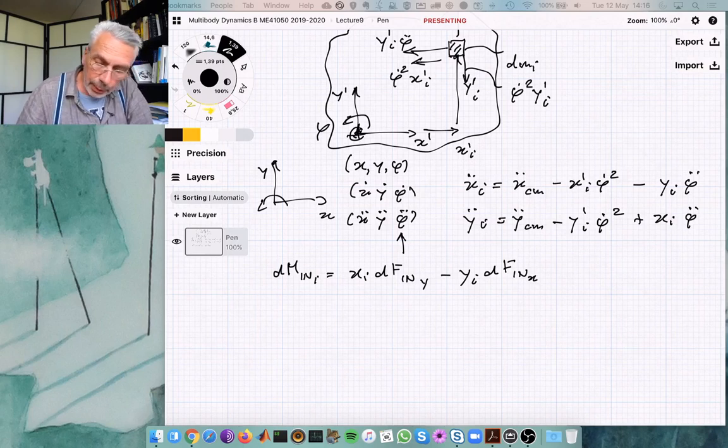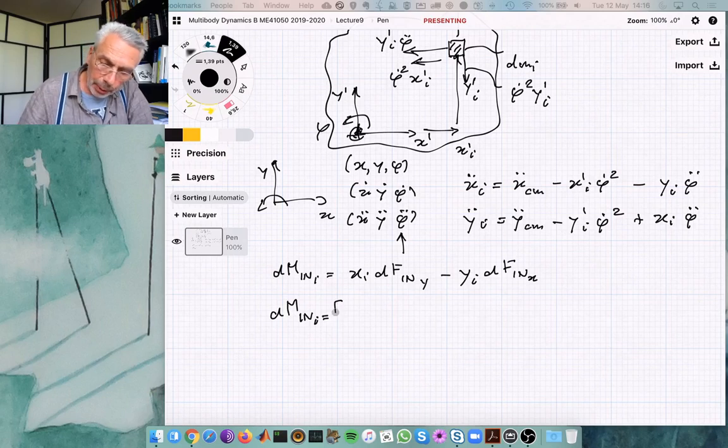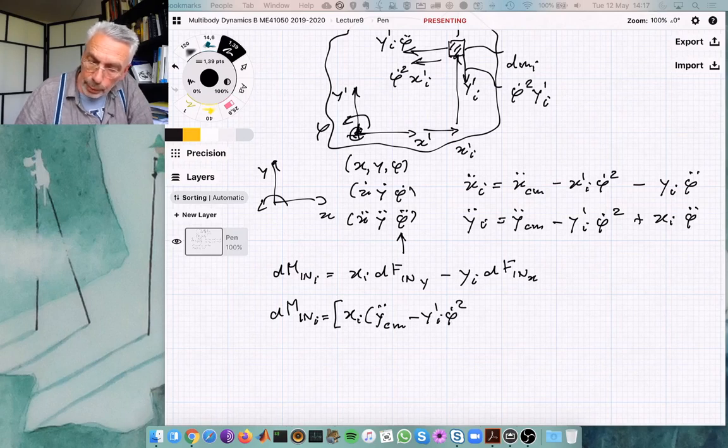So finally we get that the dM inertia at particle i equals, big bracket, x i times the inertia force in the y direction, so we have to take this: y double dot cm minus y' i phi dot squared plus x i phi double dot.